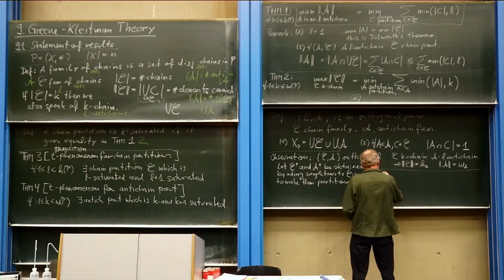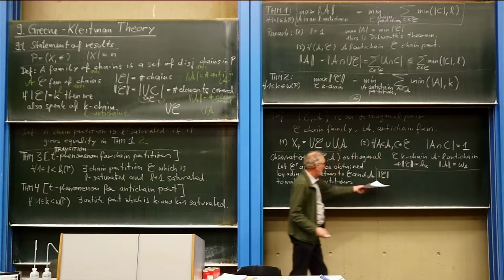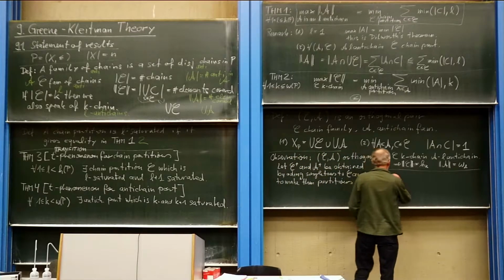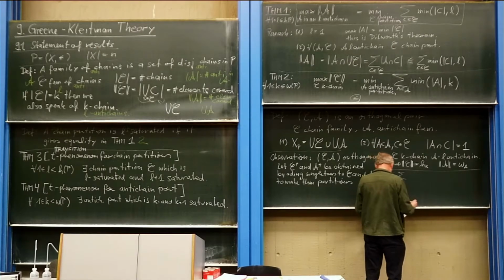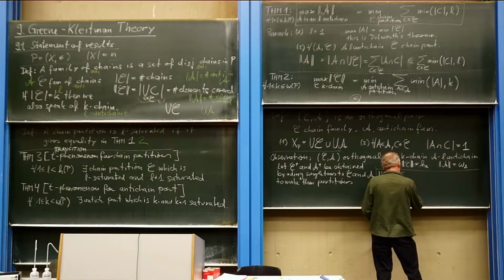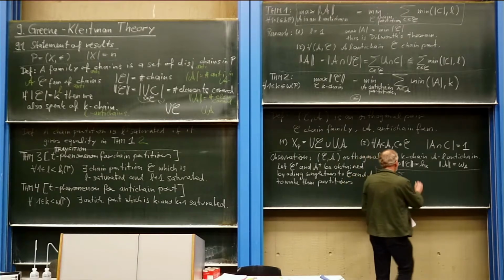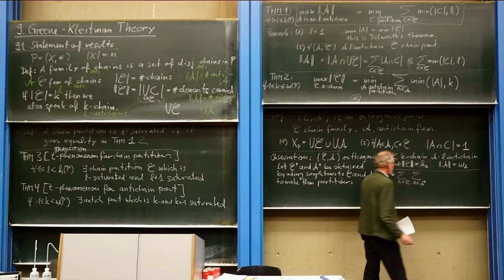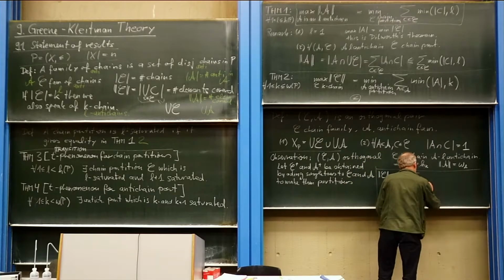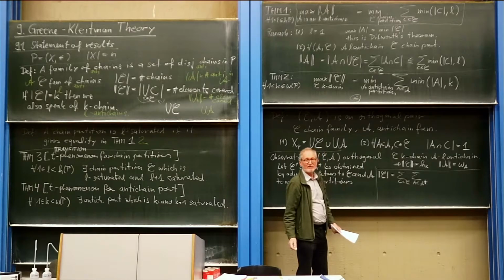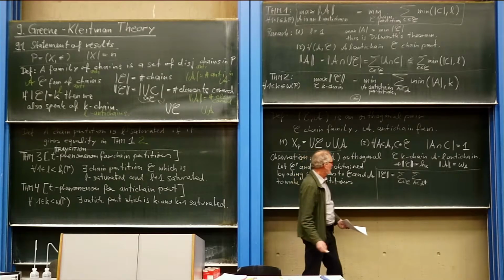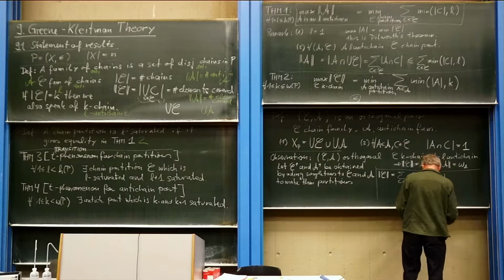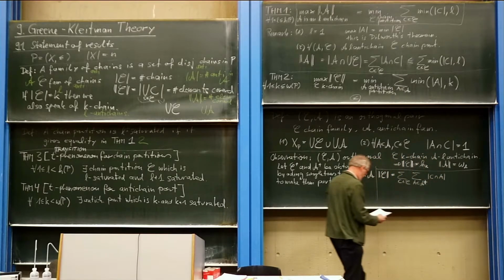When we want to see the number of elements covered by C, this can be obtained by summing over all chains in the chain family and over all anti-chains in the augmented, it should be a plus, the anti-chain partition obtained from A, and just taking the intersection of C and A. Fairly easy.